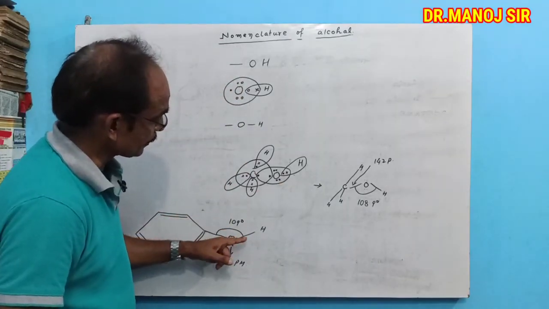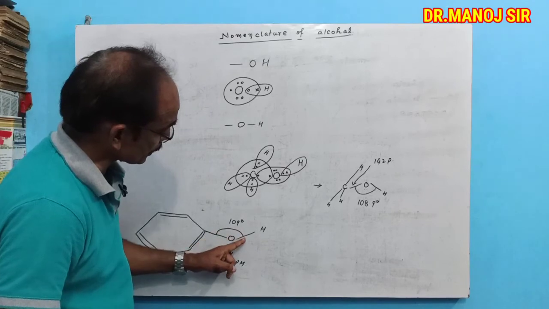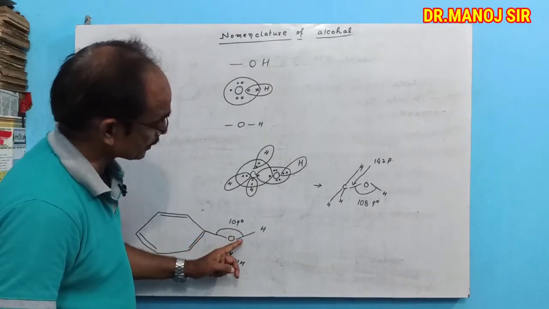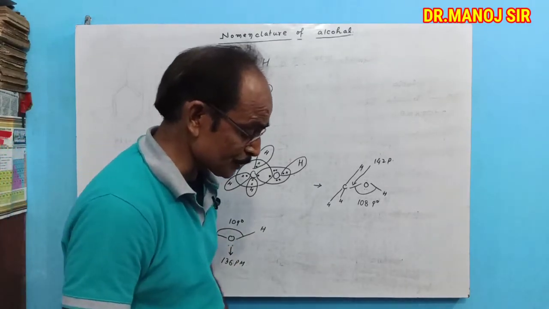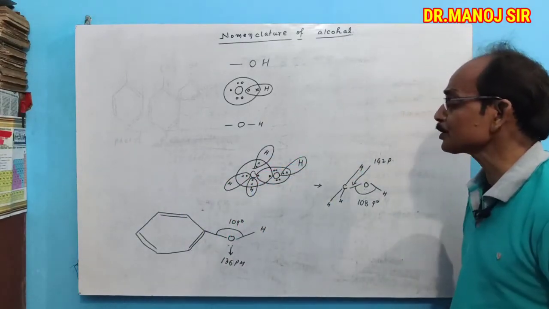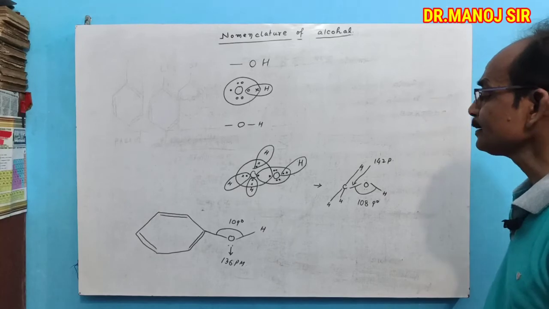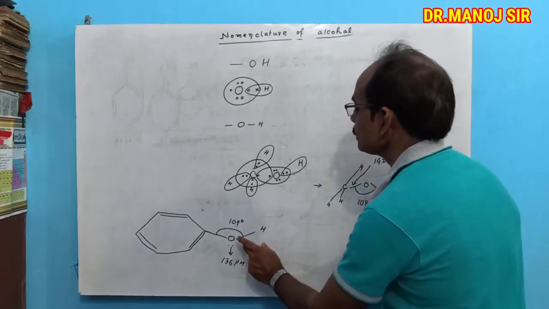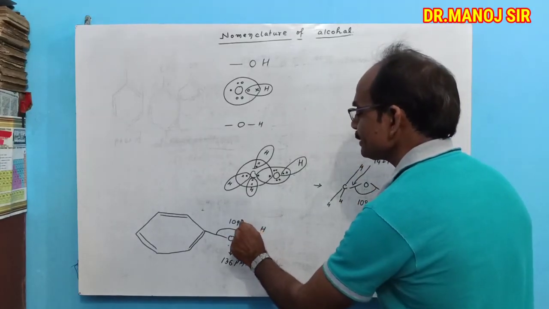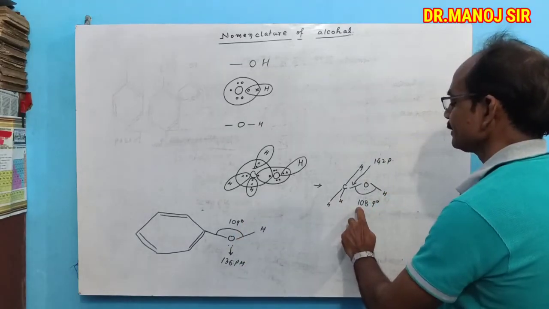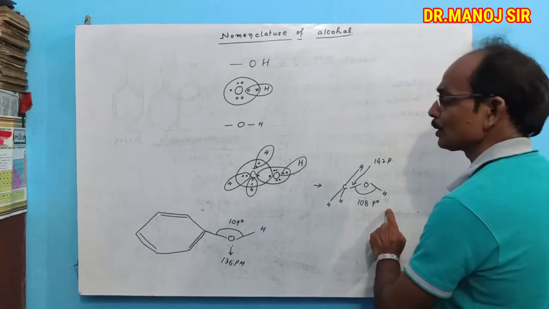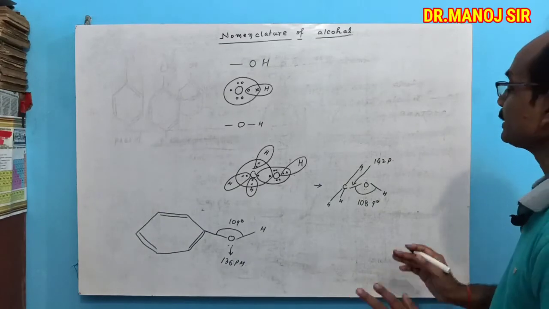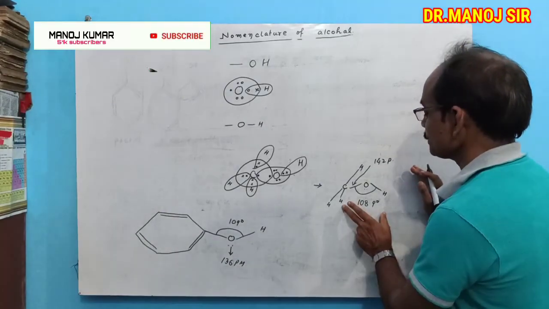The angle between the carbon with hydrogen by the sigma bond hybridized by sp2 hybridization, the angle of phenol is slightly larger than the angle of methyl alcohol, but their bond length is slightly lower than that of CH3OH.